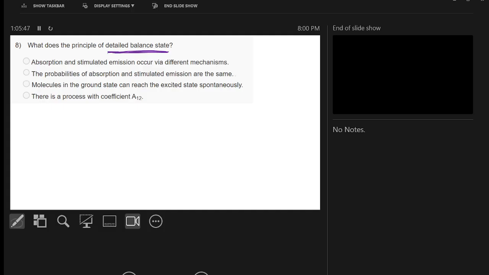This is the correct option. Both are the same. Which one? Your absorption coefficient B12 and stimulated emission coefficient B21. So this one we call the principle of detailed balance.